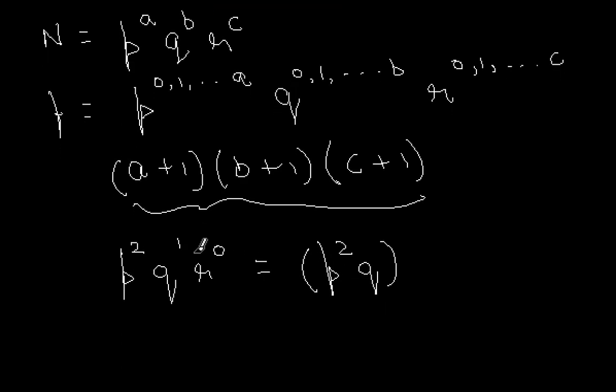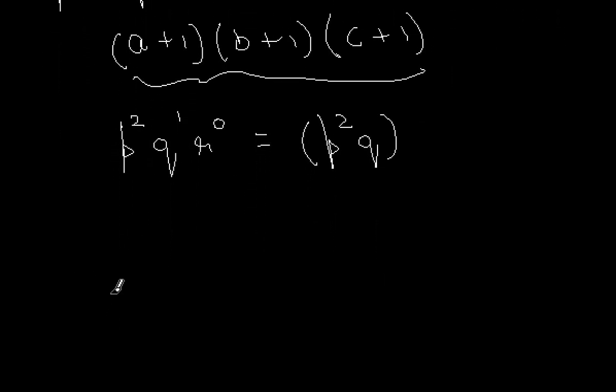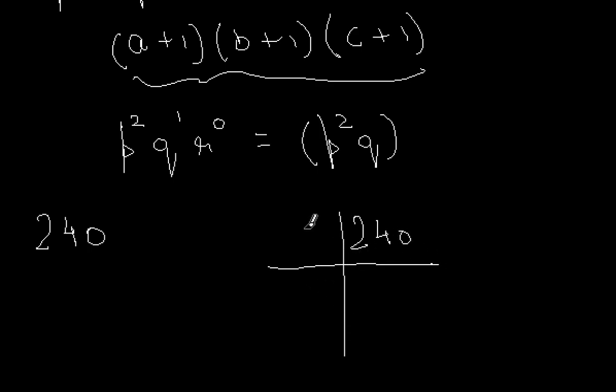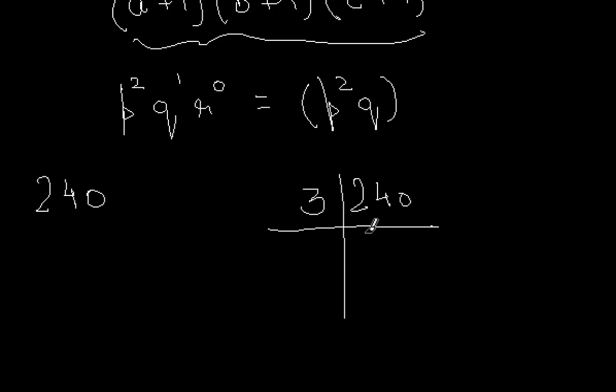Now we'll be looking at an example for the same. Let's find out the number of factors for the number 240. The first step is to prime factorize 240. The prime factorization is simple. We keep dividing it by prime factors.